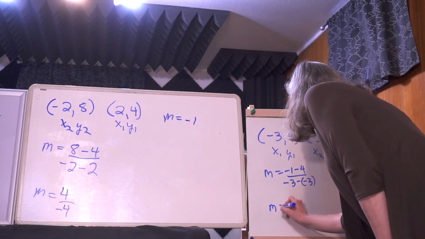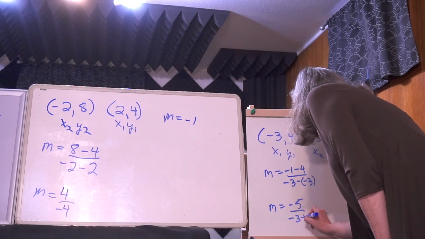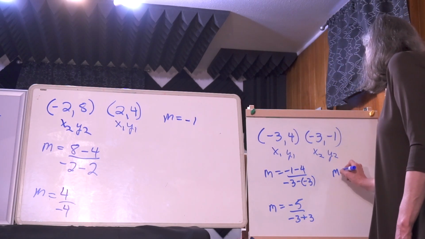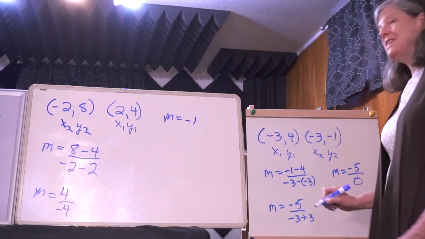So m equals negative 5 over negative 3 plus 3. M equals negative 5 over 0.